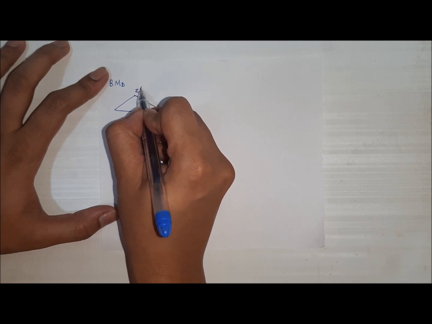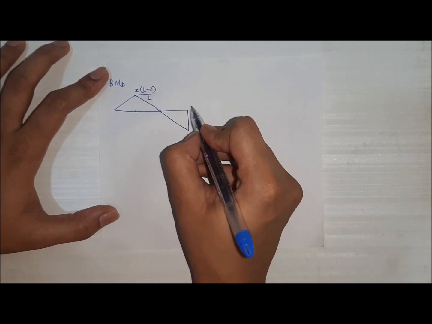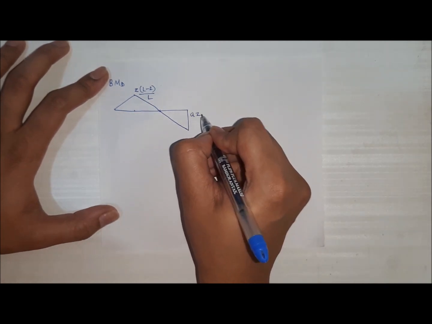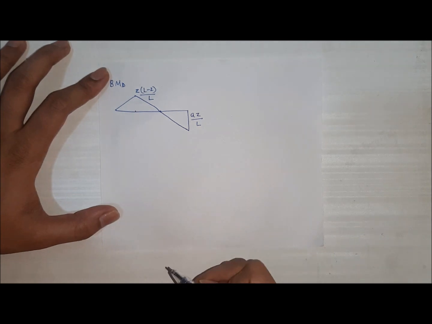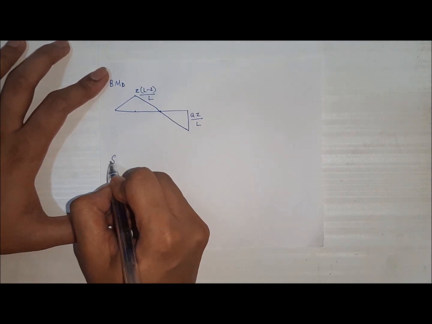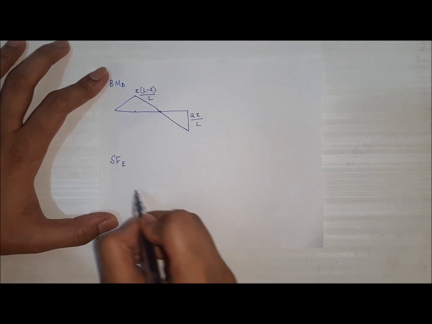This dimension will be Z into L minus Z by L, and this height will be AZ by L.